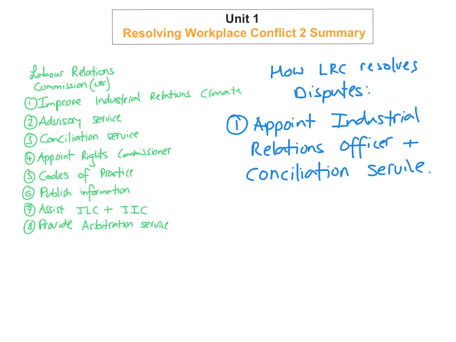If that doesn't work, or maybe the LRC might decide not to go down that method, they might just decide to appoint a rights commissioner. So they might go straight to appointing a rights commissioner.